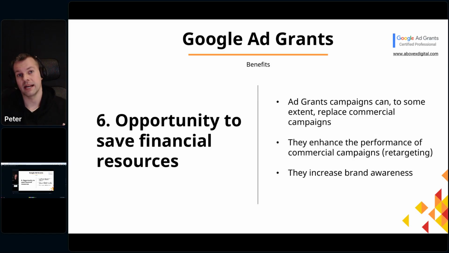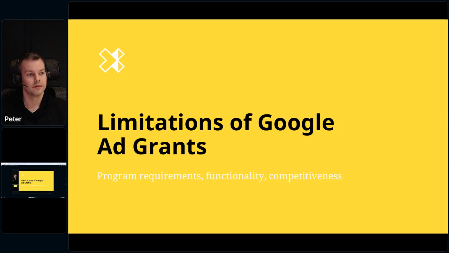So again, if you run a brand campaign in a commercial account, and you boost your brand awareness via grant campaigns, you get more brand traffic on the commercial side, and that typically also translates into more conversions, right? So ad grants doesn't just bring you that immediate traffic, but it can also make those other advertising channels cheaper. All right.